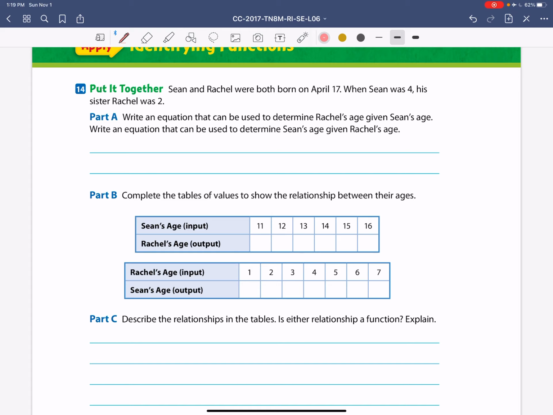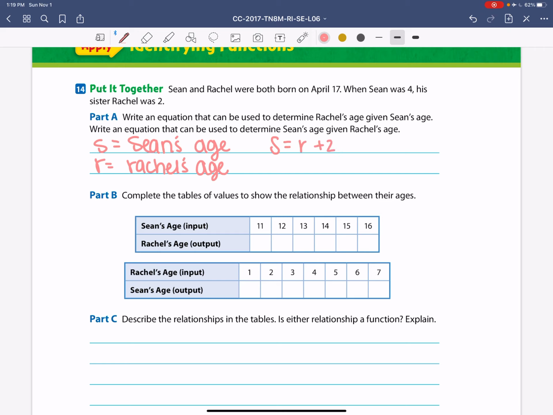All right, so first we could let S be equal to Sean's age, and of course R be equal to Rachel's age. And what you could say is that you could have these two. Sean's age would be equal to Rachel's age plus 2 years.